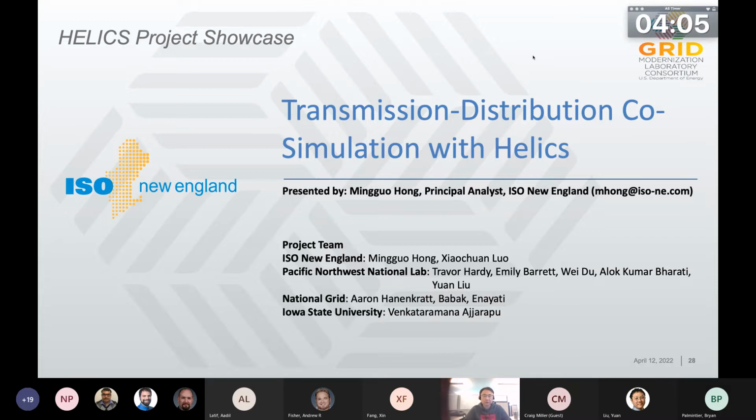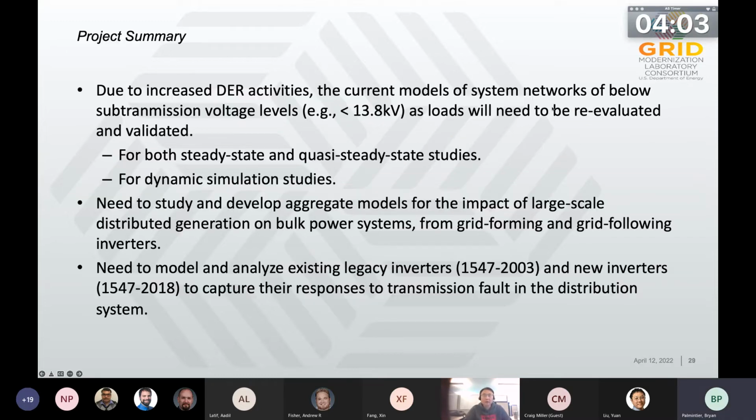If you could just move on to the next slide, I want to talk about the background of this work, the motivation that led us to find the co-simulation work done at PNNL.